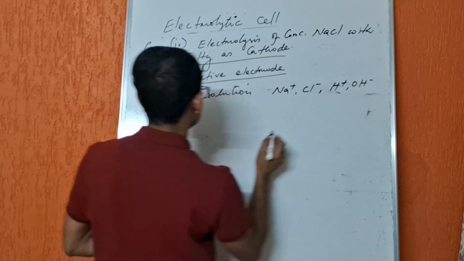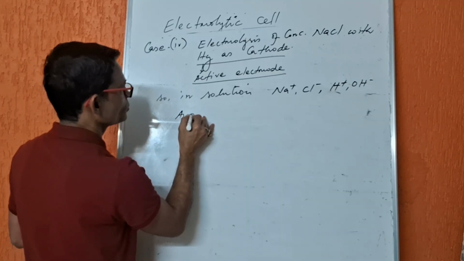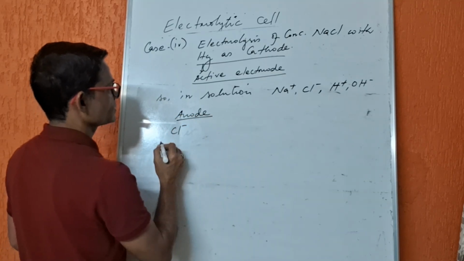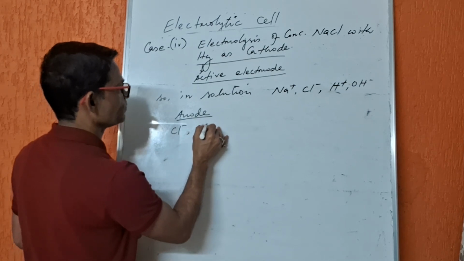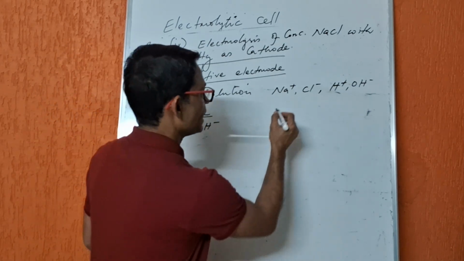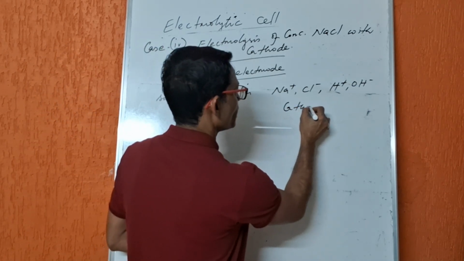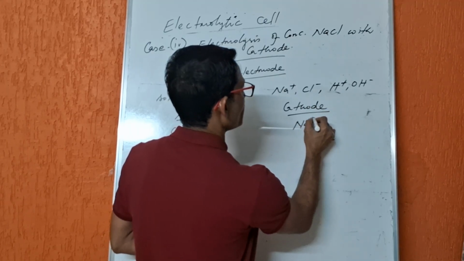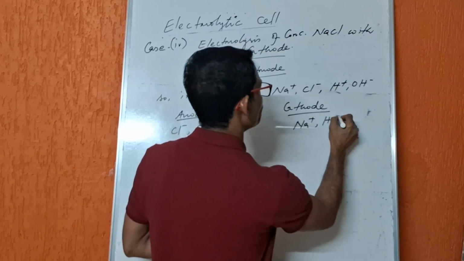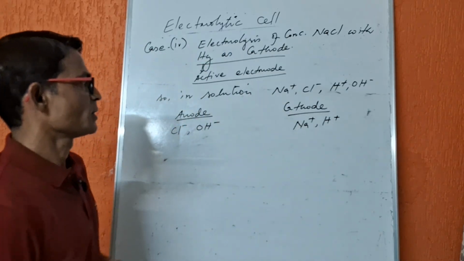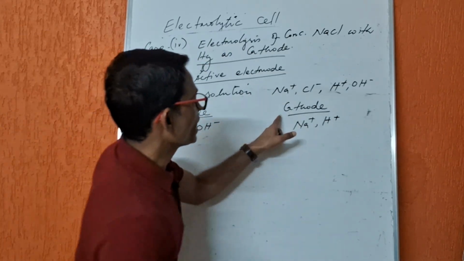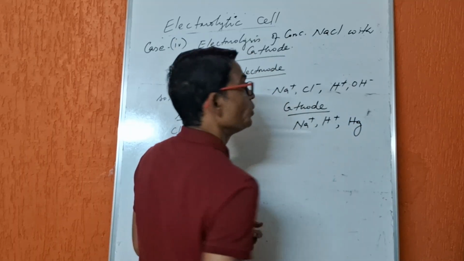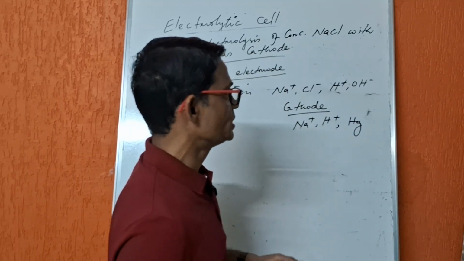At the anode, Cl minus and OH minus will move. At the cathode, Na plus and H plus will move. But our cathode is mercury, which is an active electrode.